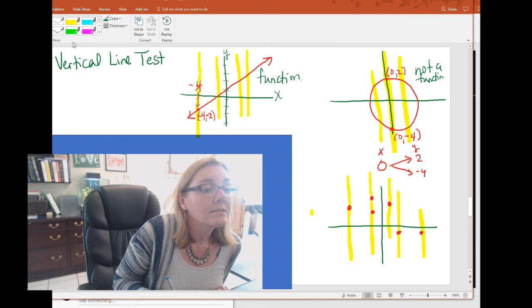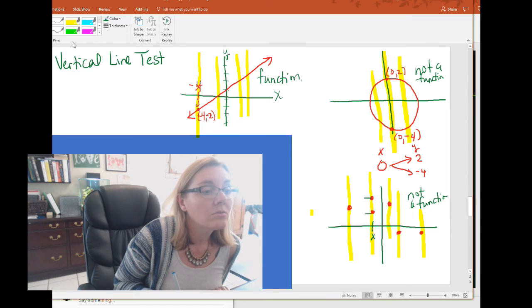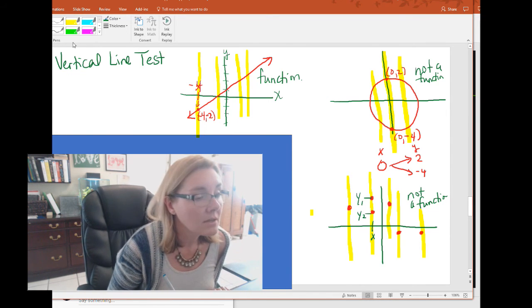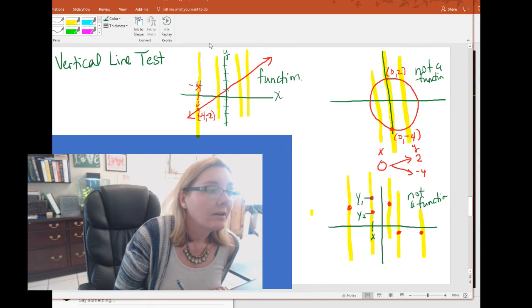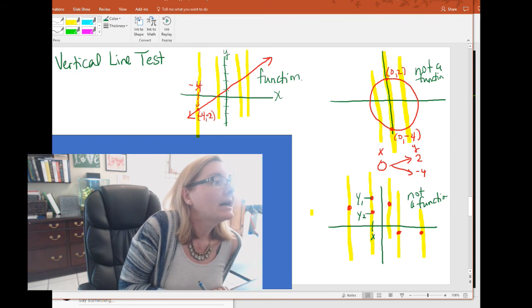And this is not a function. You might not know the exact y values, but you can see that this one x value has two different y values that match up with it. So when the vertical line only hits the graph in one place, no matter where you draw it, we say it passes the vertical line test.